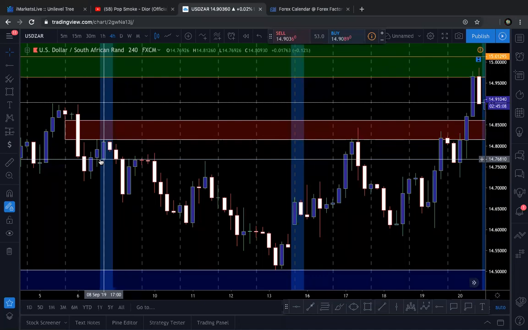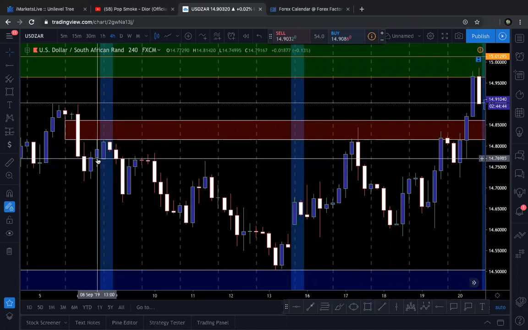So monthly for overall momentum, weekly for swing high, swing low, daily for major range, 4 hour for breaks of structure, 1 hour for daily momentum after a certain retest of an area. So you're really analyzing. This is why I say you'll analyze 90% of the time, because you need to make sure that you see what you see.